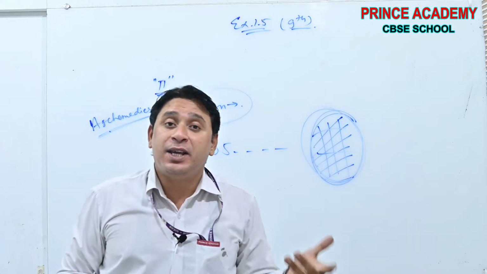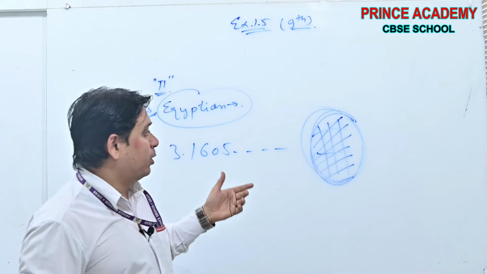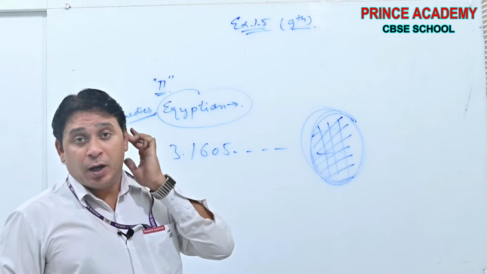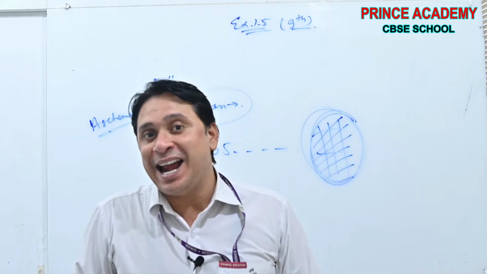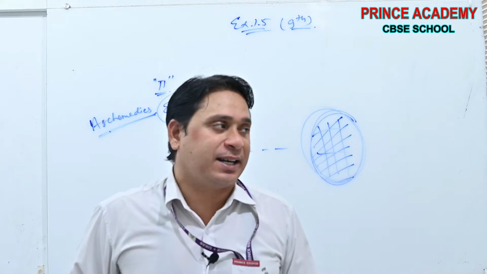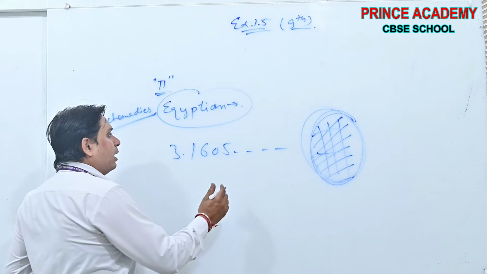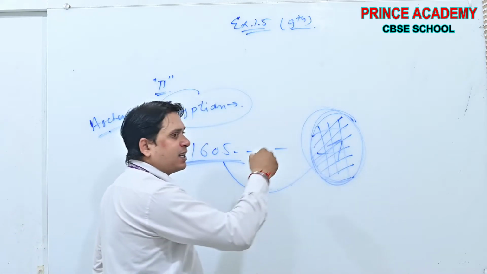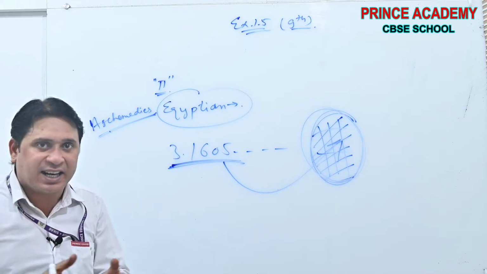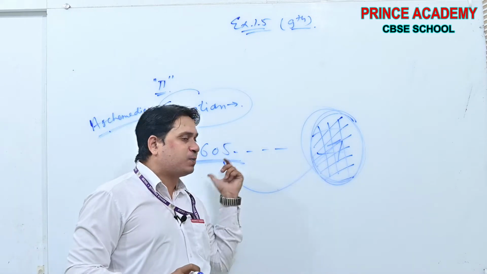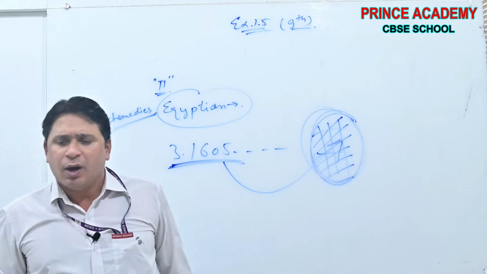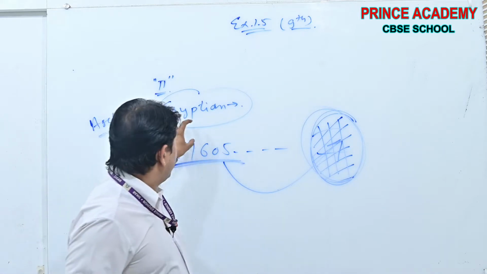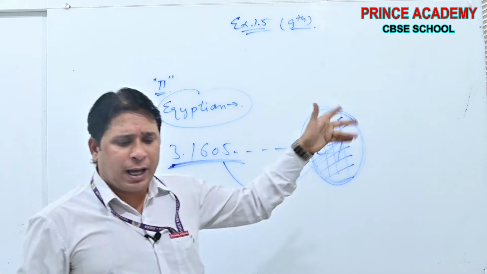And what did he observe? He observed that in almost all the cases, 99.9% cases, this number allowed the area and circumference to be found easily with respect to radius. Then this person introduced this to the world.